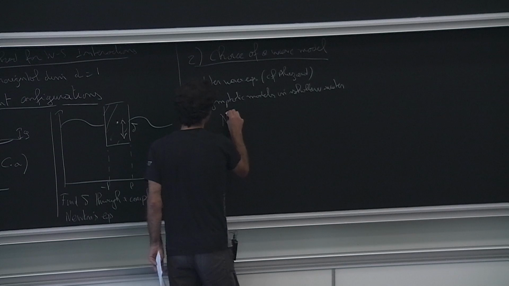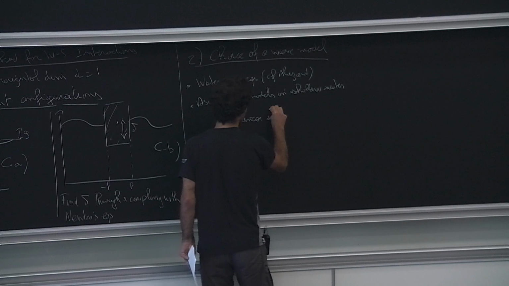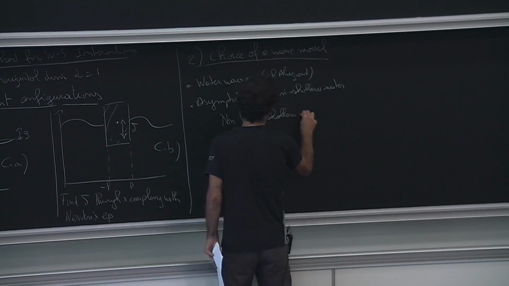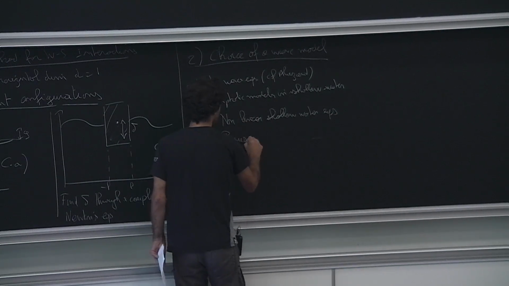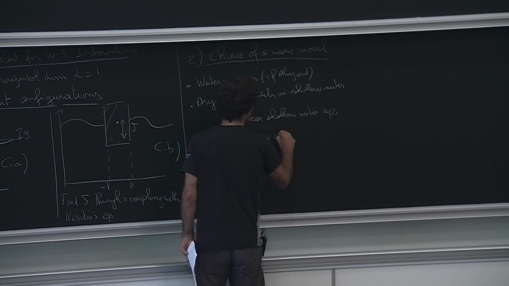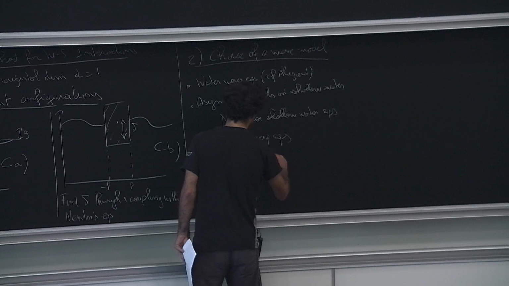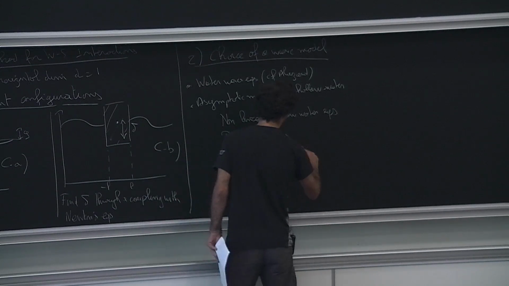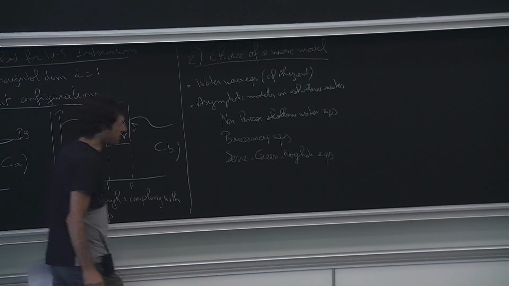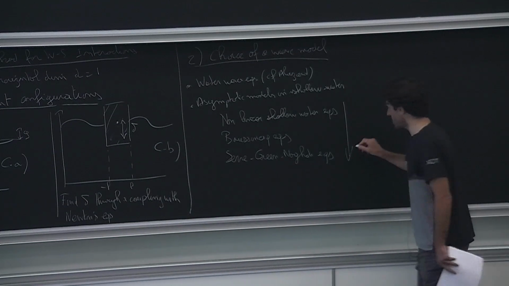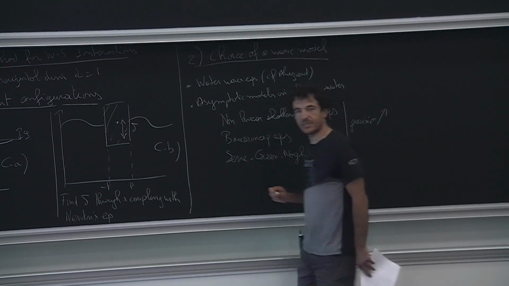The models that are the most famous are probably the nonlinear shallow water equations, the Boussinesq equations, the Serre-Green-Naghdi equations, etc. So these models, when you go from this one to this one, essentially the precision is increased.